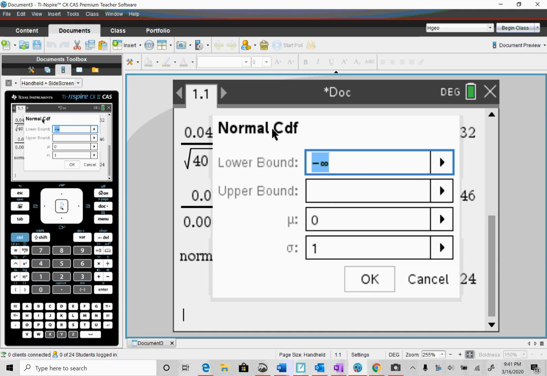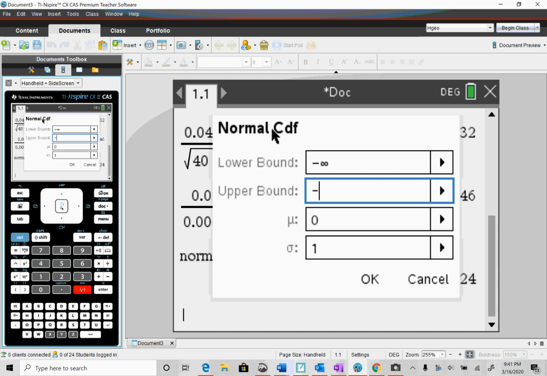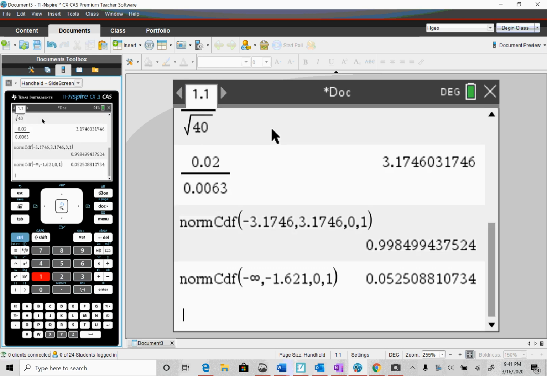So if we're looking at everything from that negative 1.621 and less, I'm going to leave that lower bound at negative infinity, and we're going to put in negative 1.621 as our upper bound, and this will tell us the area from that all the way on down to the left, and that's a probability of 0.0525.